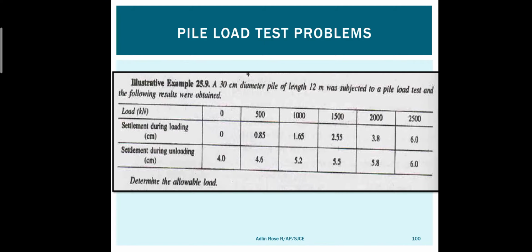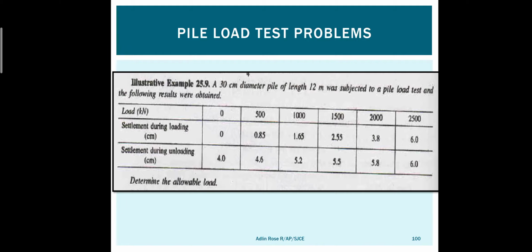Then we know that gross settlement minus rebound value is going to be the net settlement. So to find net settlement, we should find the rebound value. How to find the rebound value?